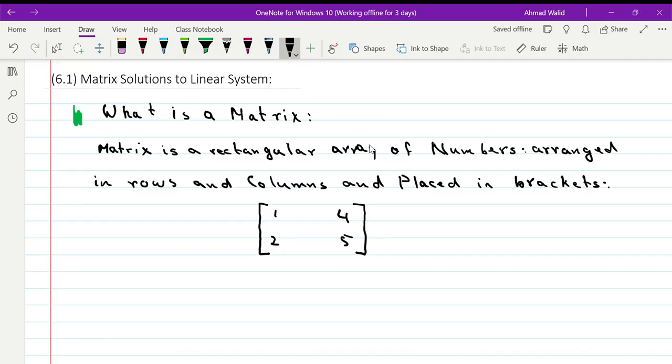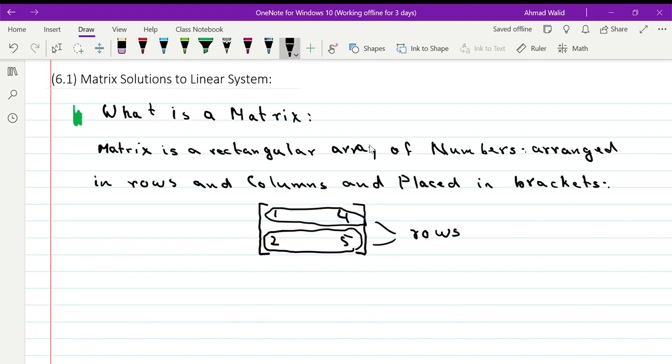As you see in this simple definition, a matrix has rows and a matrix has columns. These two, which I'm circling with black color, are rows of the matrix.